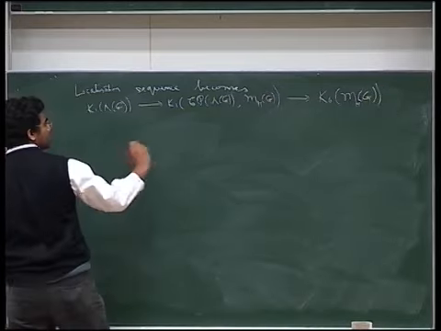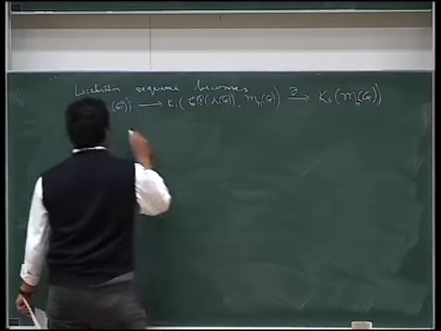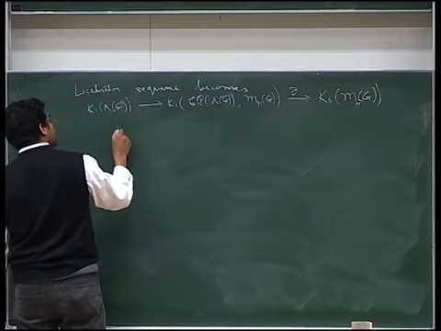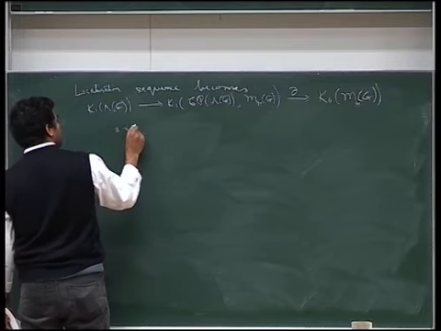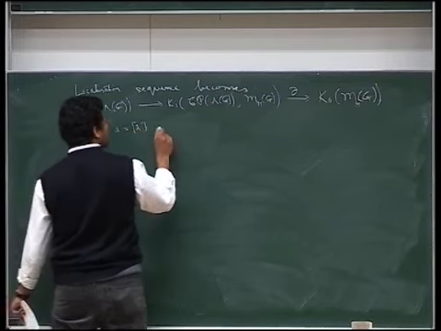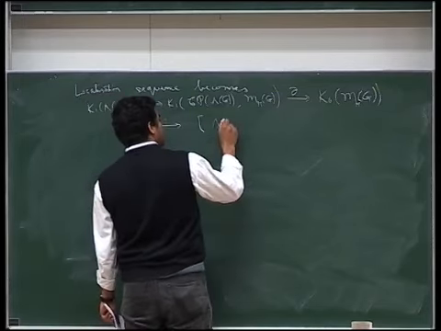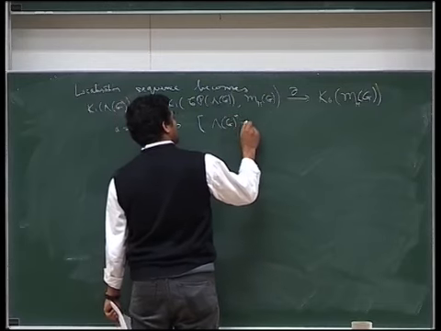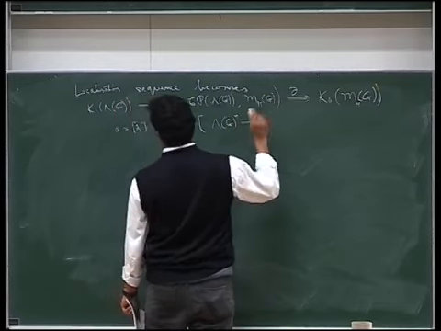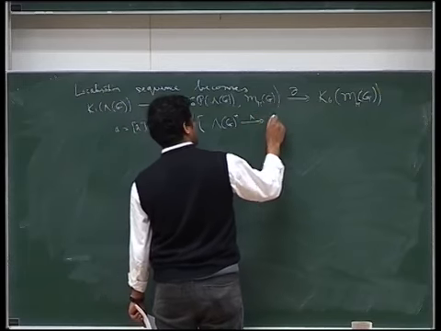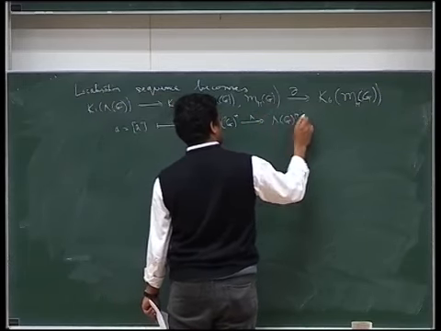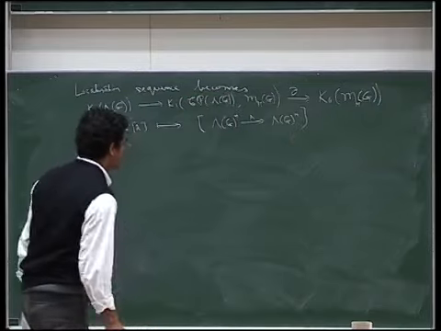Now what's the map? If a is represented by A, then this just goes to lambda G to the n, A, lambda G to the n and identity.